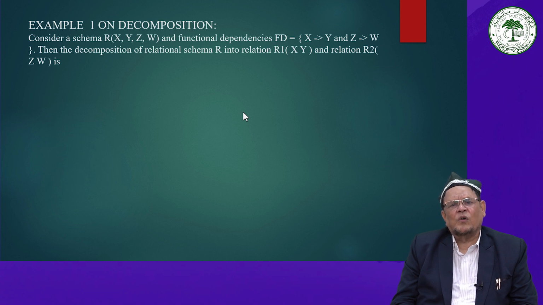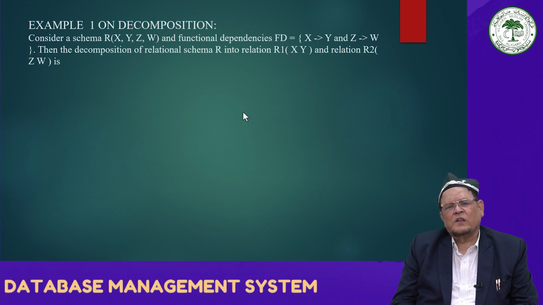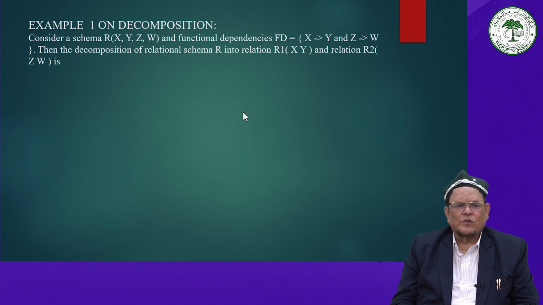Till now, I have explained that we have to check whether a relation is normalized or not. If the relation is not normalized, then we have to decompose the relation. That decomposition must be lossless, or else it is lossy, and it is very difficult to check.